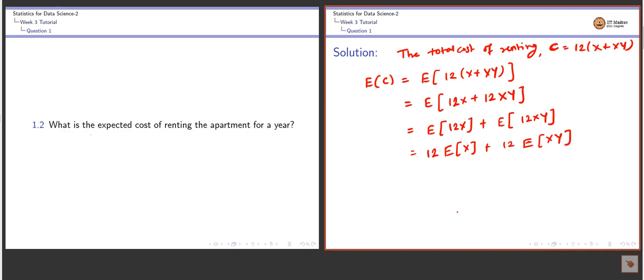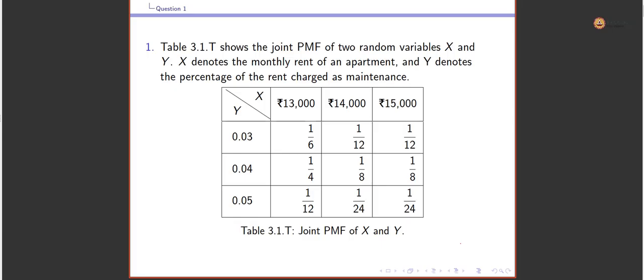From the table we can say that x and y are independent. To see that, we have to go to the table and find the marginal probabilities for x and for y. I'll just check for one. Suppose f_X of 13,000.